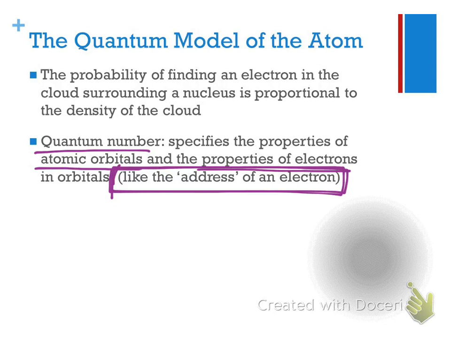Or its coordinates, however you want to think about it. It's going to try to give us some specification as to what shell it is in, what shaped orbital it is in, which direction it is spinning. Those types of things are going to be given to us from the quantum number.